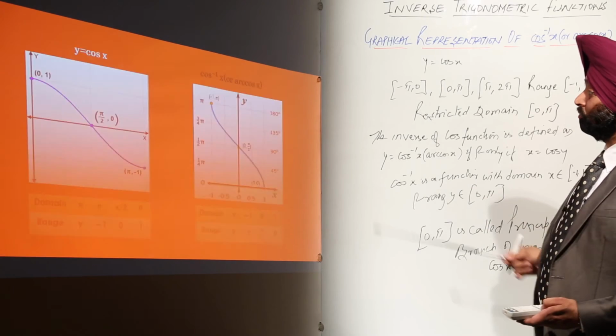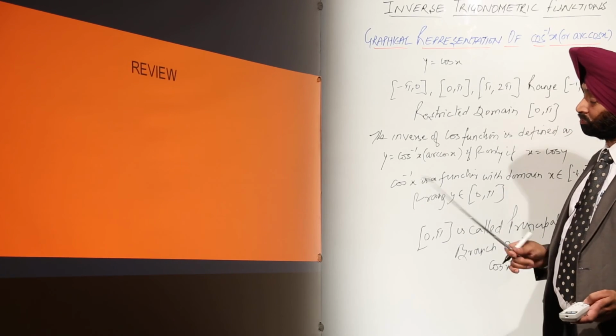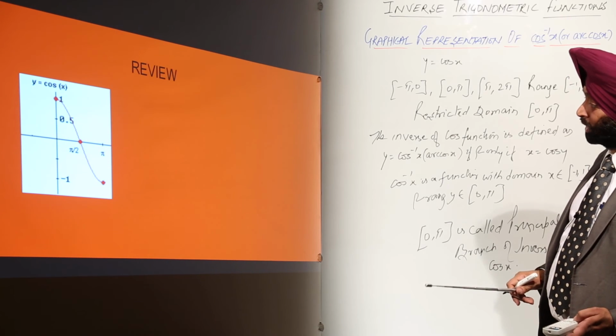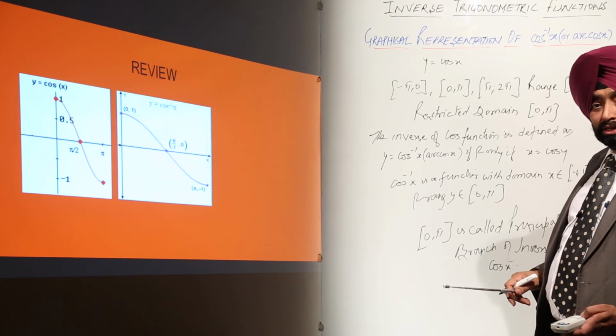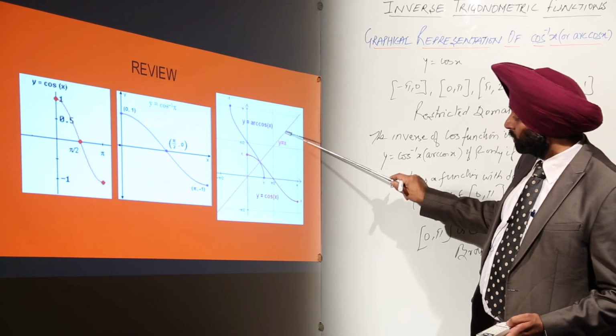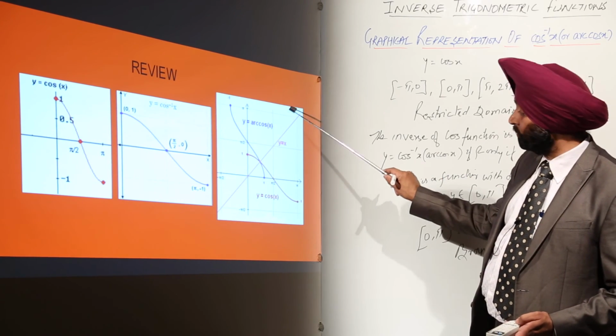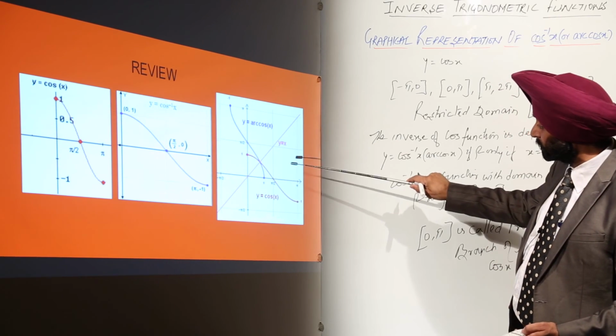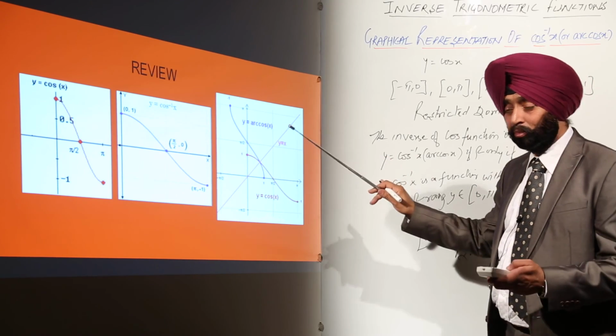Now let's check with a small recap. Now we are having figure number 1 for y is equal to cos x, then we are having y is equal to cos inverse x. Now taking y is equal to x as a mirror, this axis will become this side, this will go that side, mirror image. Okay.